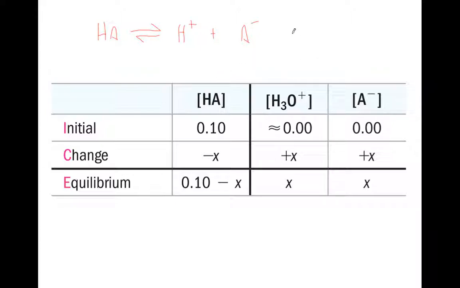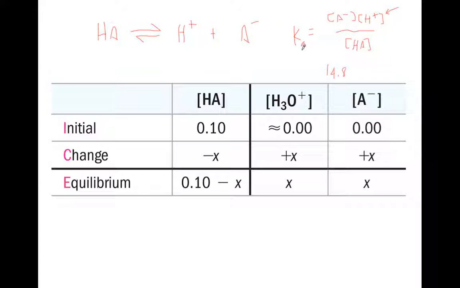And we know that the K for this reaction is the products over the reactants. If you look up the K for this reaction, you should be able to figure that out, the same way we did in section 14.8 with other equilibria. This really is going to be Ka for acids, but it's exactly the same math that we're doing in section 14.8.